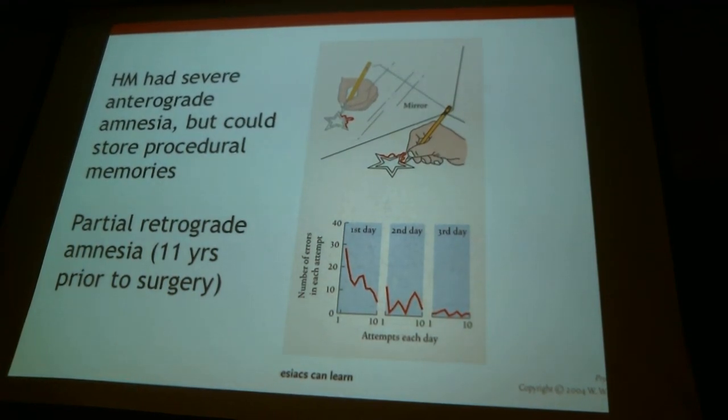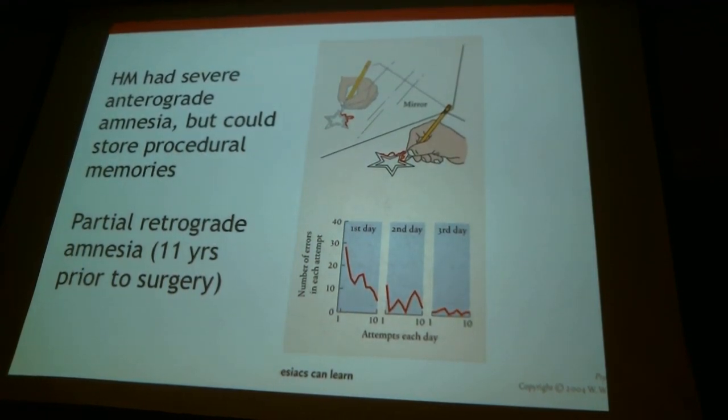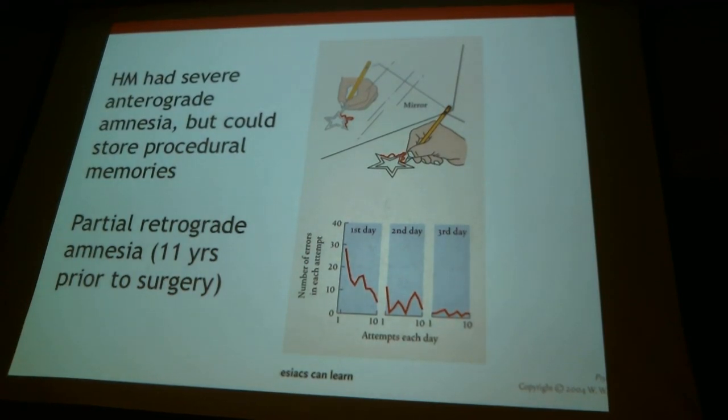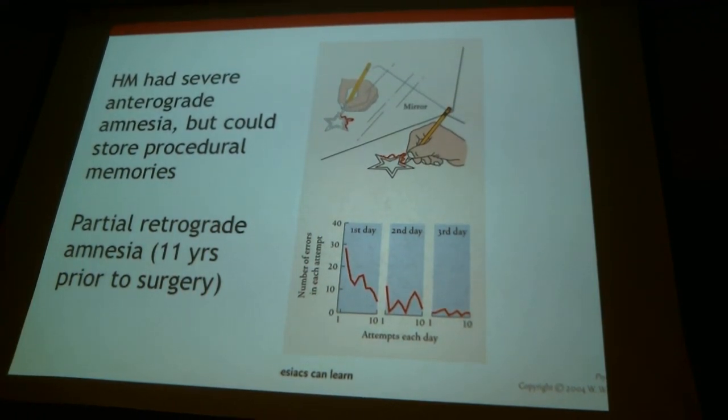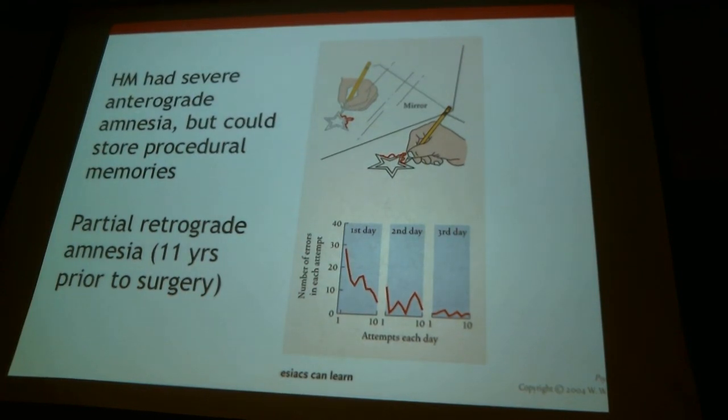He had some degree of retrograde amnesia, which is amnesia of his past prior to the surgery. So he has some memories of when he was a boy and where he lived and things like that. But he had a severe deficit: he just could not form new memories. And this was in his 20s. And he only passed away, I think, well into his 60s. So he lived for a very long time with this kind of memory deficit.